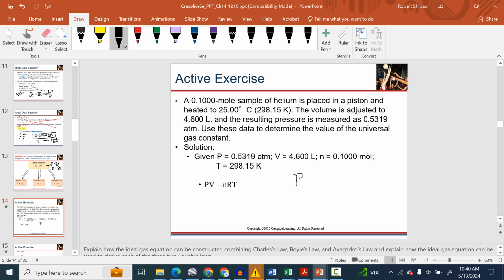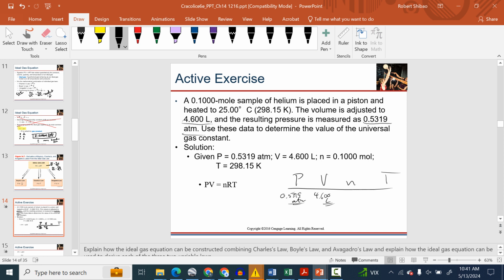In the equation, we need pressure, volume, amount, and temperature. The pressure we have is 0.5319 atmospheres, which is in the correct units, so we don't have to change anything. The volume is 4.600 liters, so liters is correct.